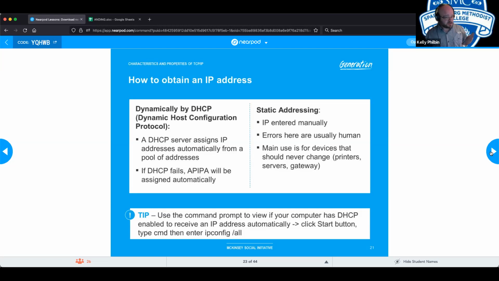Now, would I want to use a lease of a month at a place like Starbucks where people are coming and going all the time? I'd run out of IP addresses pretty quick, wouldn't I? Thousands of people coming in using the free Wi-Fi.